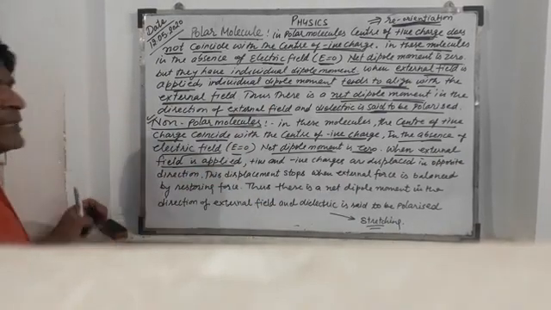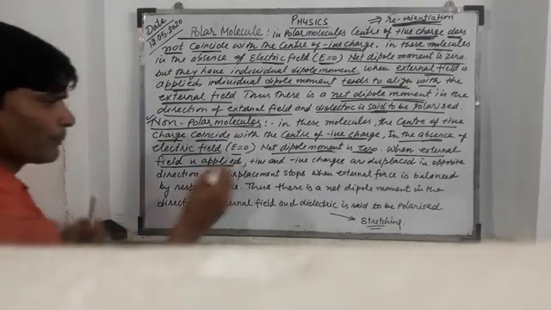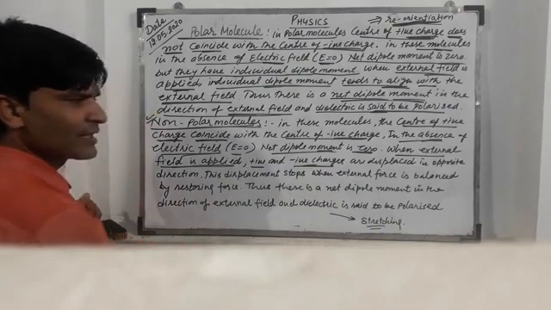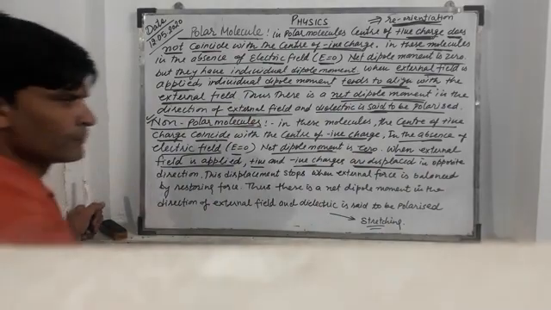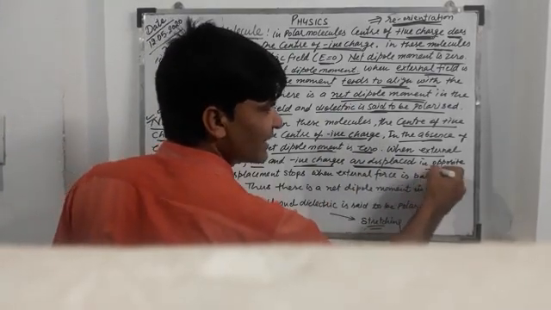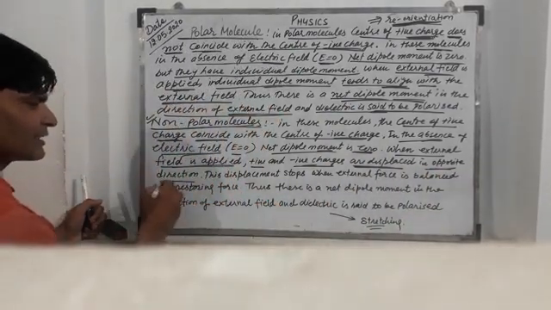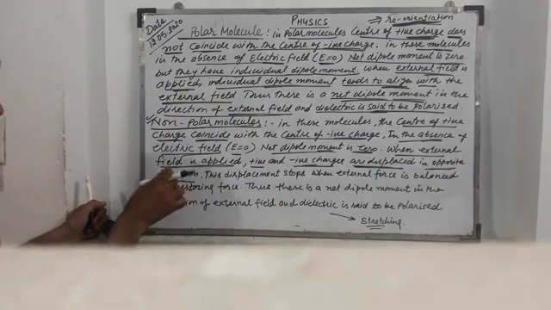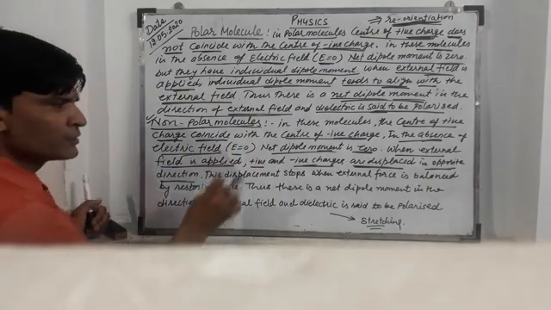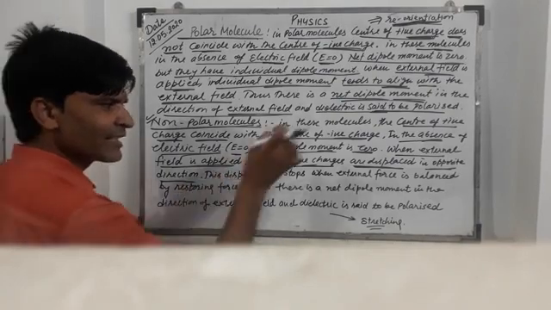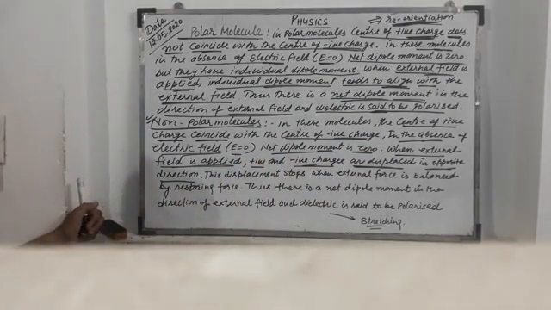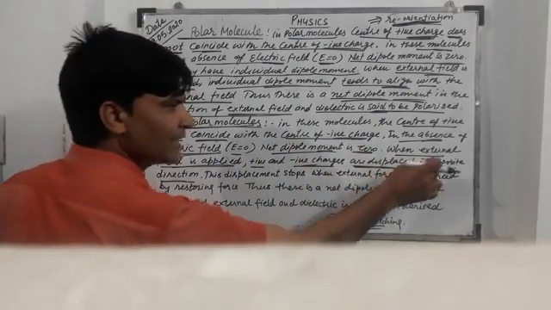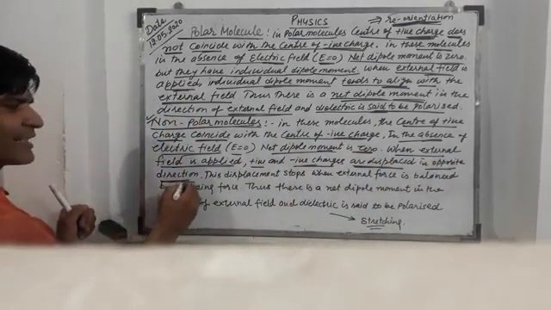When an external field is applied, positive and negative charges are displaced because they experience opposite forces: positive charge in the direction of the electric field, negative charge in the opposite direction. So they are displaced in opposite directions.